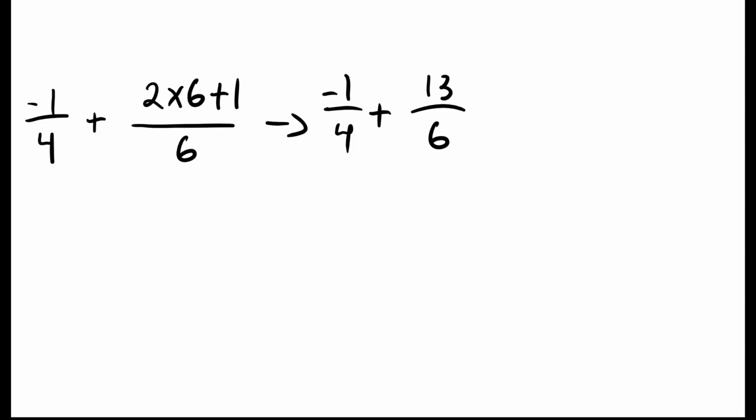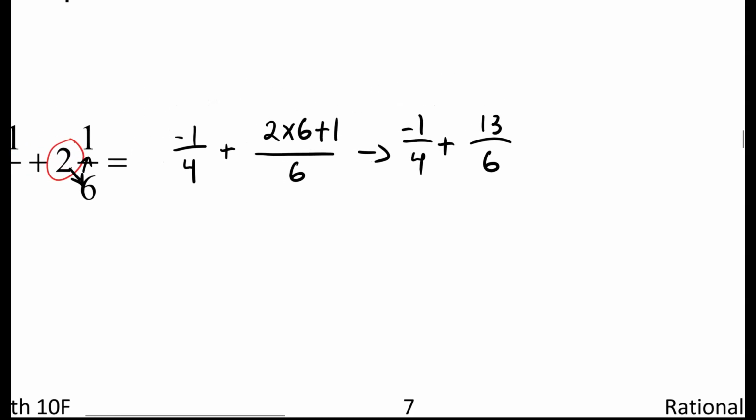Now that we've got rid of our mixed, we're able to start looking for LCD, so our lowest common denominator. Now, in this situation here, we have 4, which we can't get into 6 perfectly, and 6 can't go down into 4, so we're going to have to find that common denominator.